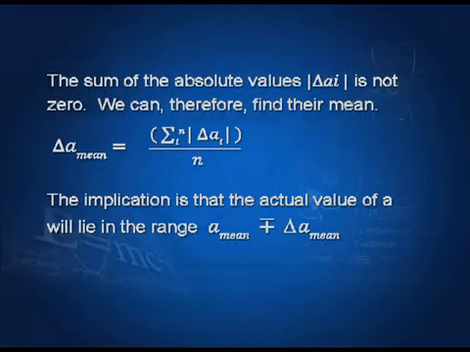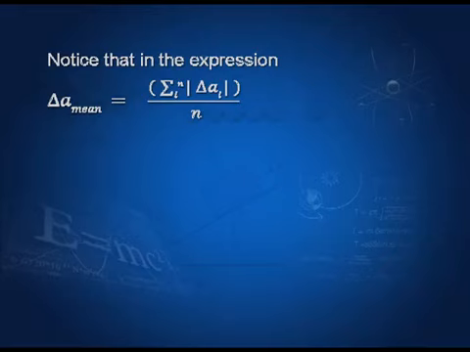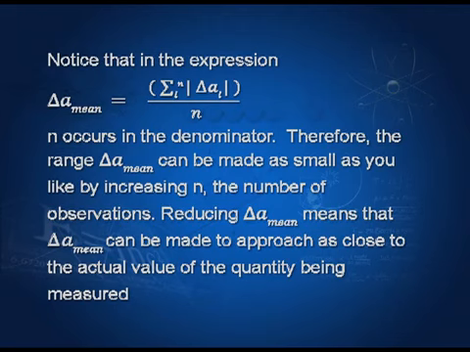Before I go to the next slide, I would like to point out that in the denominator of delta A mean there is n, and remember, n is the number of observations, and this will play a very important role. Notice that in the expression delta A mean equal to sum of absolute values of delta A i divided by n, n occurs in the denominator.